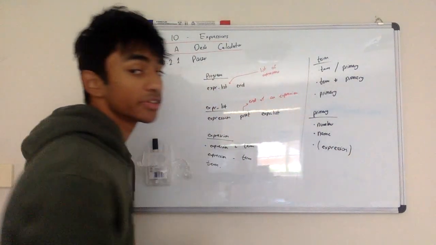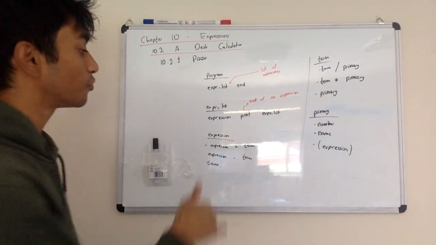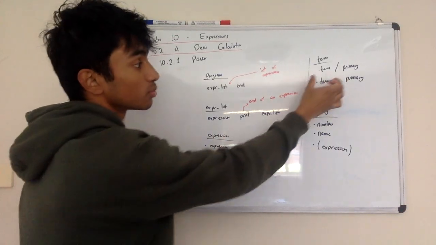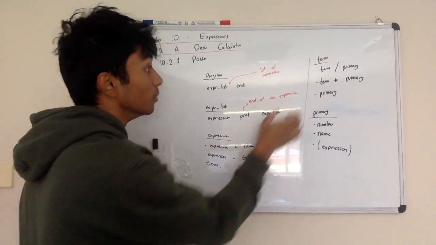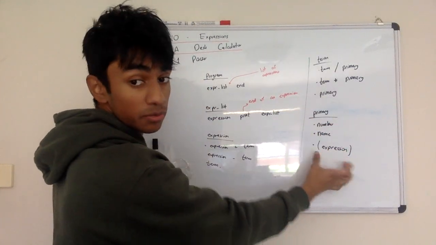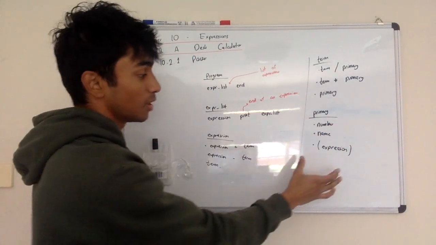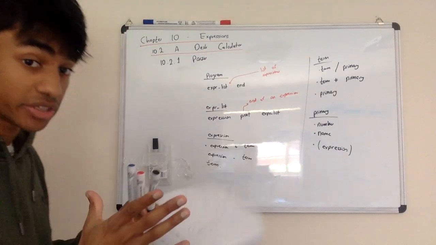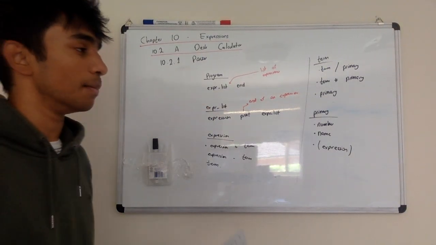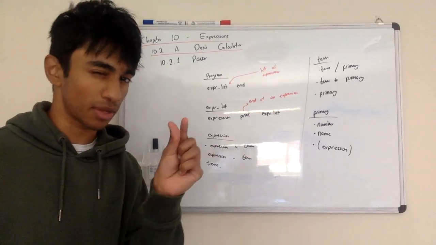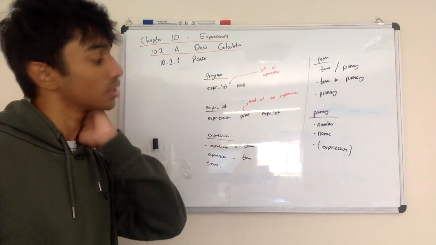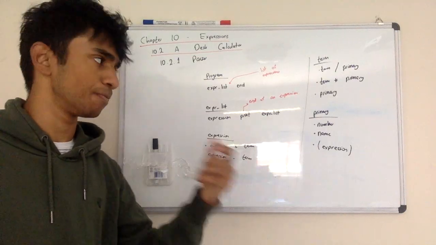in parentheses. This is really interesting because so far all our recursive definitions have involved smaller and smaller units, right? Expression had term, term had primary, primary had number, name, but now we're bringing back a bigger idea, the expression. An expression in parentheses is considered a primary, and that might seem a bit counterintuitive because number and name seem like very small units, and expressions are whole longer things. So it's like, well, why is that part of our primary?